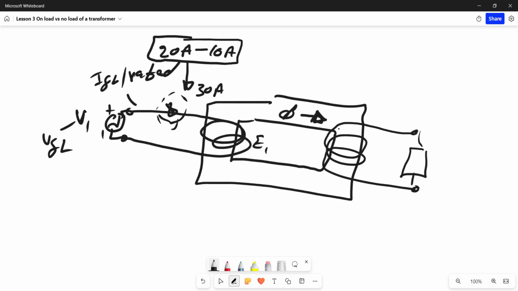Let's assume that more current is 10 amps on top of the 20 amps. So the total current that will flow in the primary will be 30 amps, a combination of the two. So this means overload, because it is above rated current.